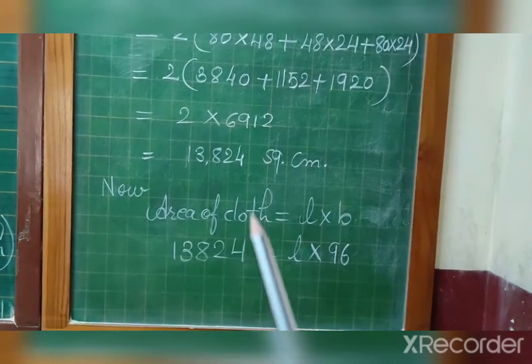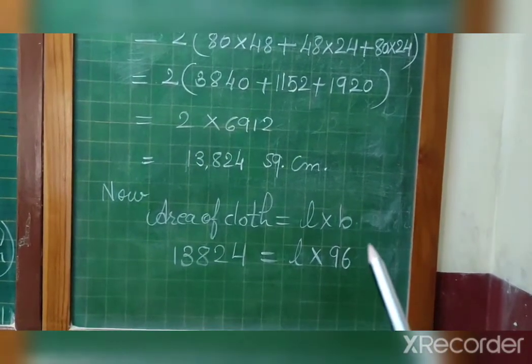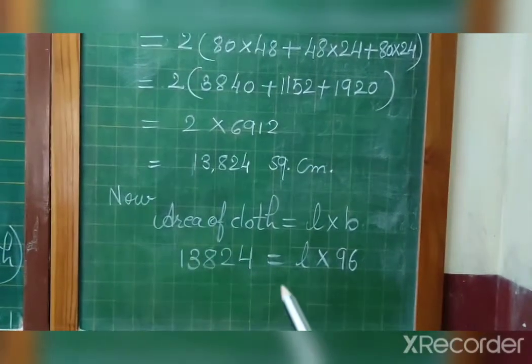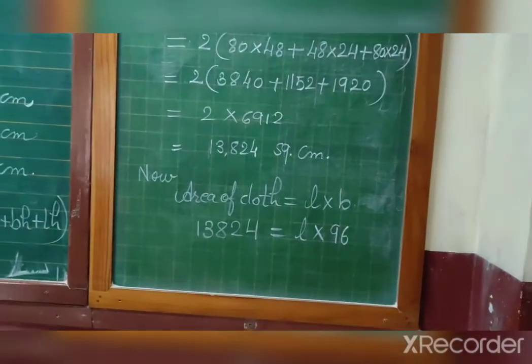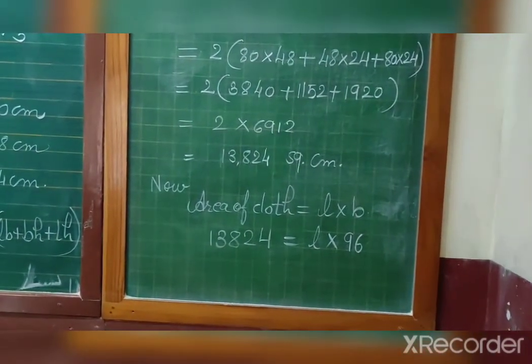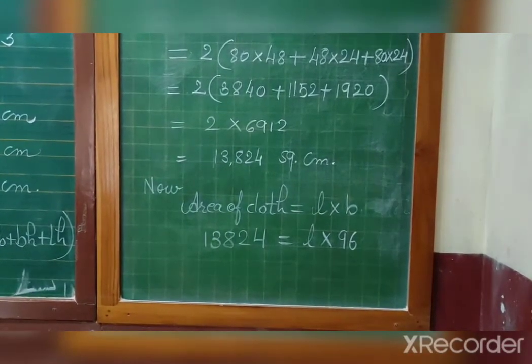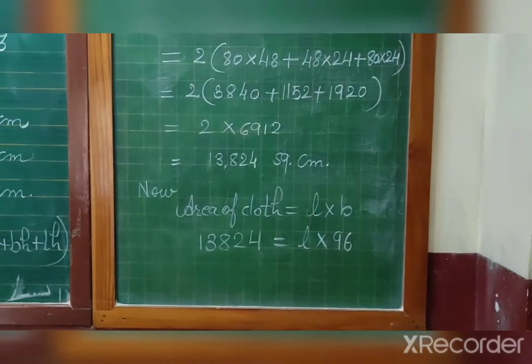Then area of cloth is equal to length into breadth, the formula we know, and the area we know, the total surface area, because we will get the cloth in rectangular form, but we give it the shape of the cuboid and cover the suitcase.